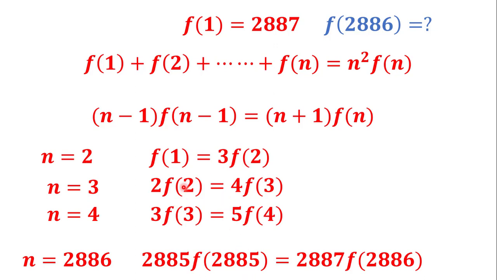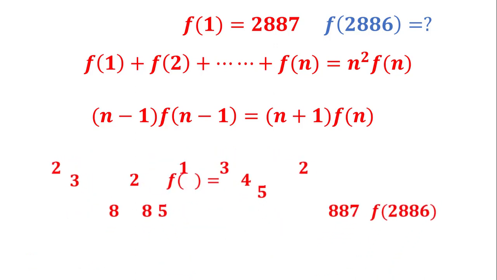So like terms on both sides of our equations are going to cancel out, and we're going to get 1 times f(1) times 2 times 3 times up to 2885 equals 3 times 4 times 5 up to 2887 times f(2886).